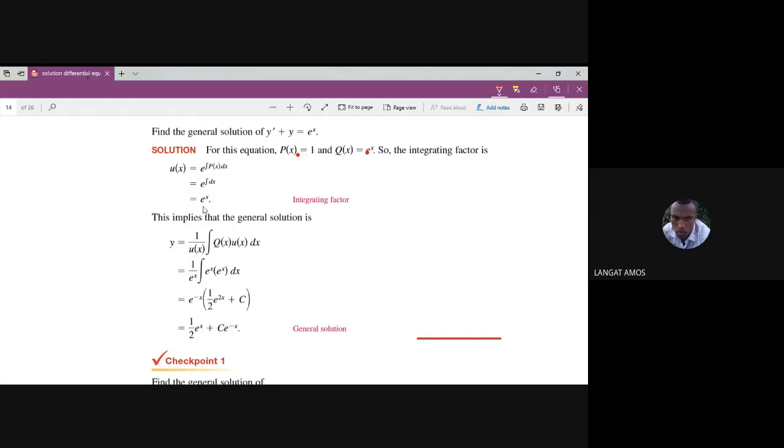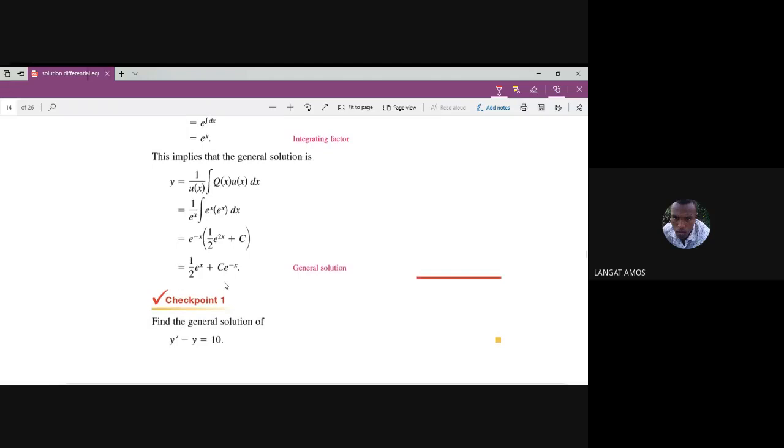And after getting the integrating factor, ux, it is e raised x, and then dx. Who can tell us which technique we should use to integrate e raised x into e raised x dx?